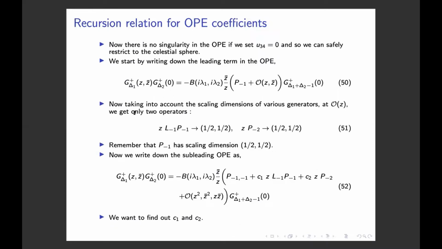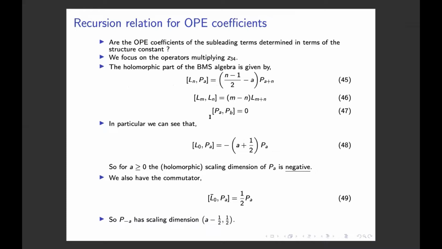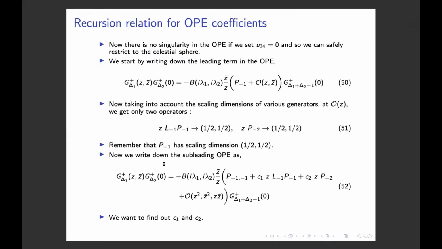So that's what we do now. I think I just need two more minutes. So this is the BMS algebra. I don't write the L_n bars here because I'll not use that in this talk. I just look at the coefficient of z^3/4, and I use this algebra. So I start with this, the leading order OPE, and now I start doing this in an abstract way.